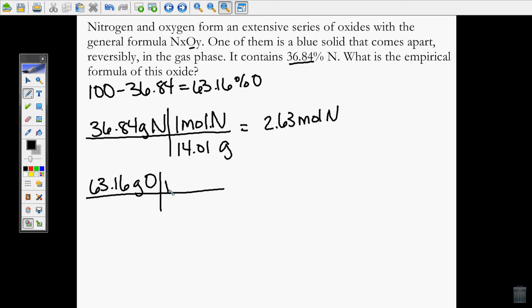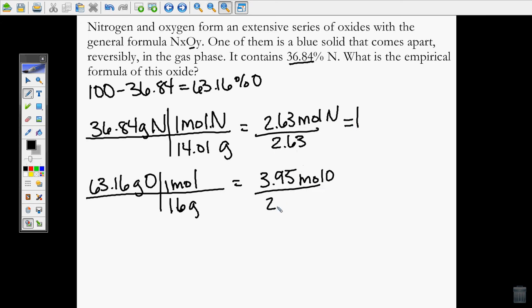Oxygen, I've got 1 mole is 16 grams. So that gives me 3.95 moles. Then I'm going to divide it by the smallest, which is this. So that's 1. And then this one, when I round to the nearest whole number, I get 2. So my empirical formula is NO2.